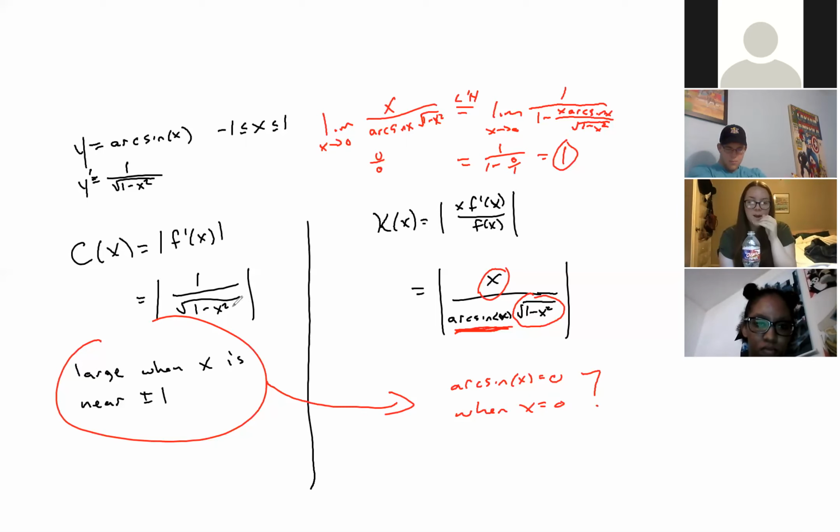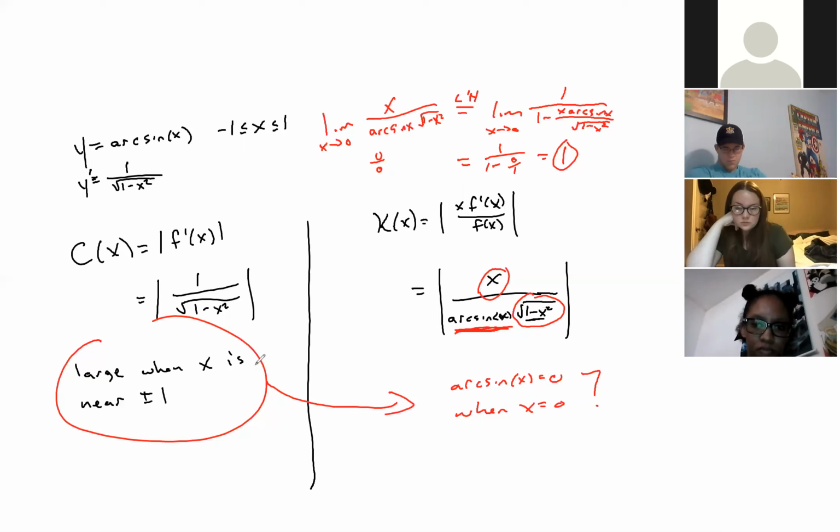If you have a 0 in the denominator, then you have a vertical asymptote, which would give you large answers. Same thing for the relative condition number. If x is plus or minus 1, then you'd have a 0 in the denominator.